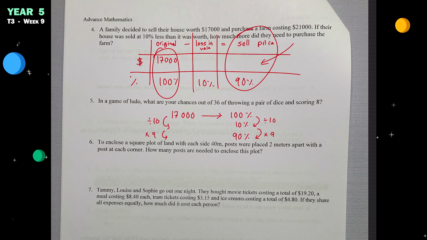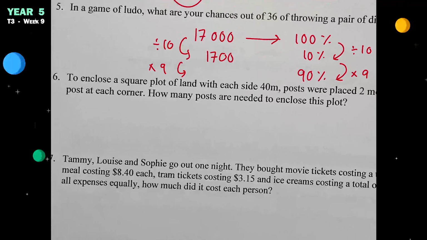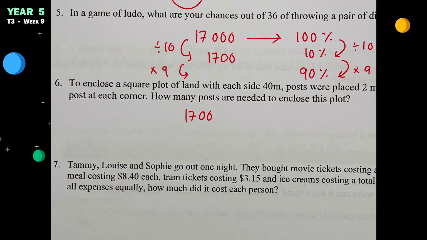Dividing it by 10 will be 1700. It just crosses out one of the zeros. Now times it by 9. So 0, 0, 9 times 7 is 63. 1 times 9 is 9, plus 6 is 15. So therefore, this will be 15300.